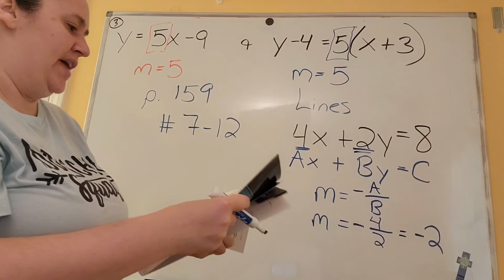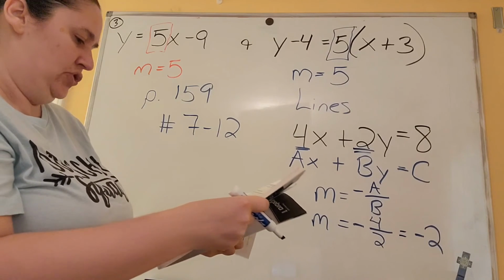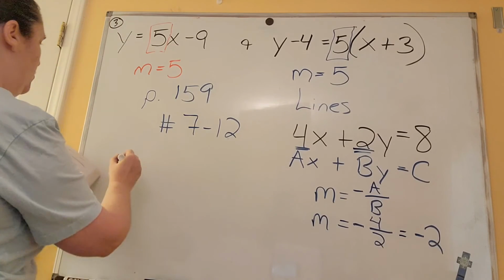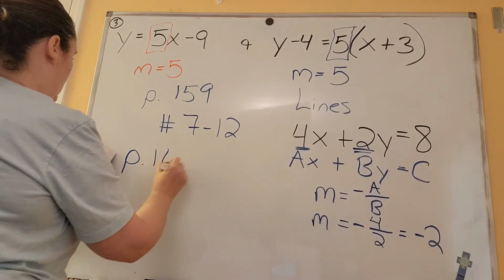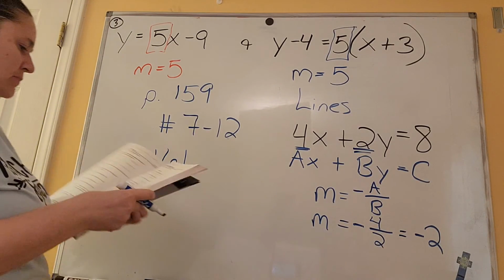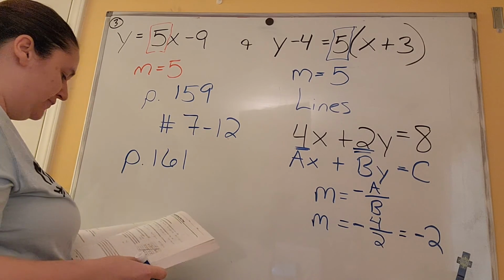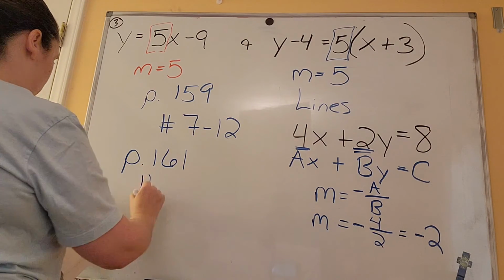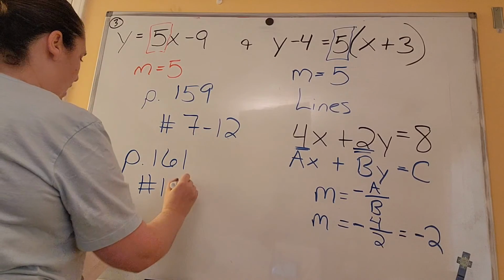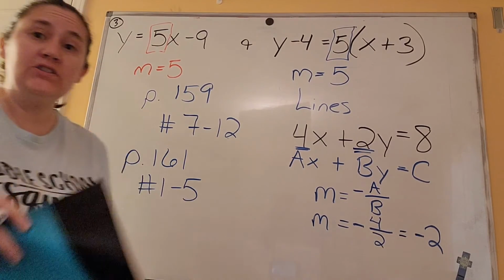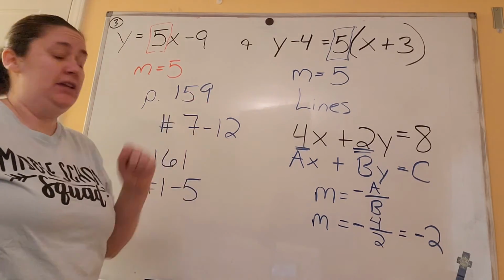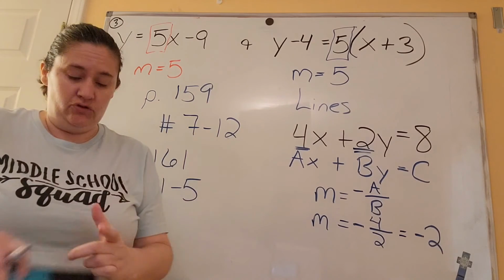When you finish that, turn to page 161 and try those problems. You might not be able to do all of them, but you should be able to do some of them, numbers 1 through 5.